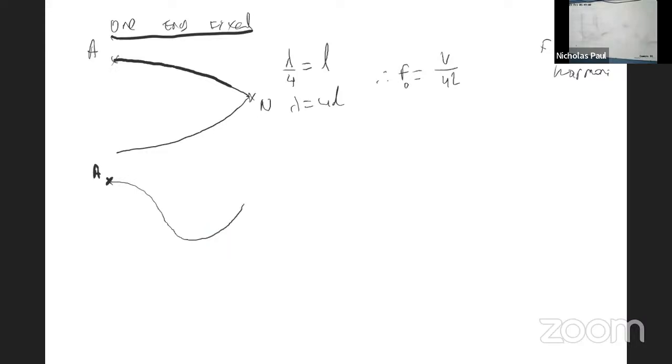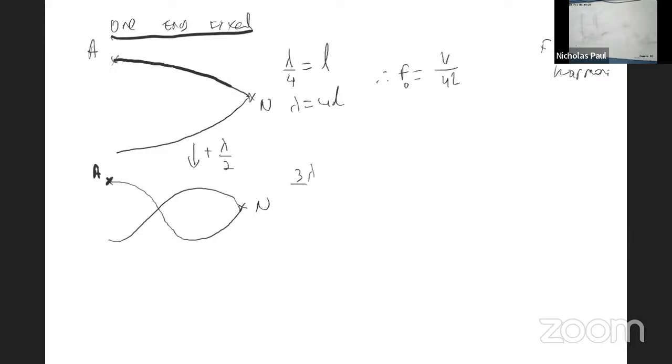Right, half, very good. So it looks something like that. You would recognize that it keeps increasing by half a wave. So that's a golden rule: one harmonic to the next always increases by half a wave. And then you can work it out.